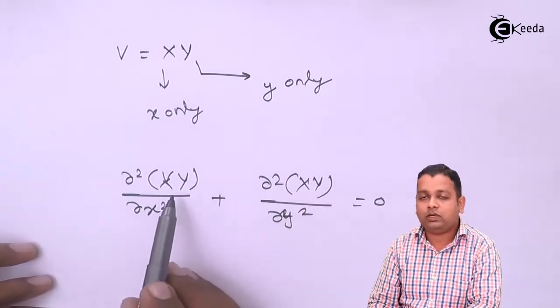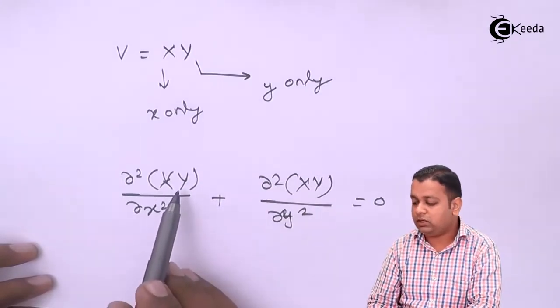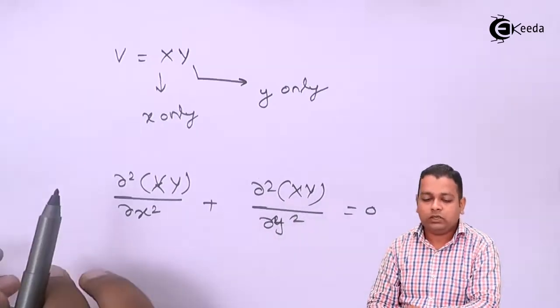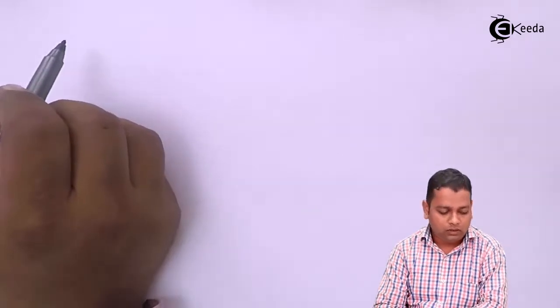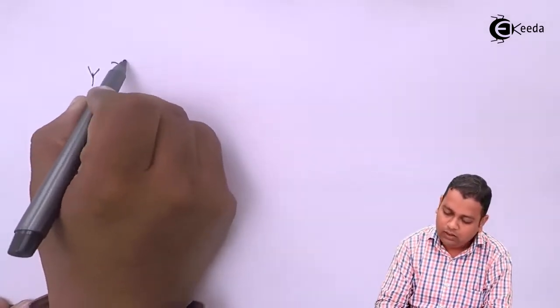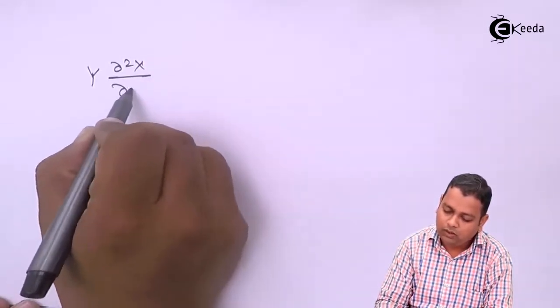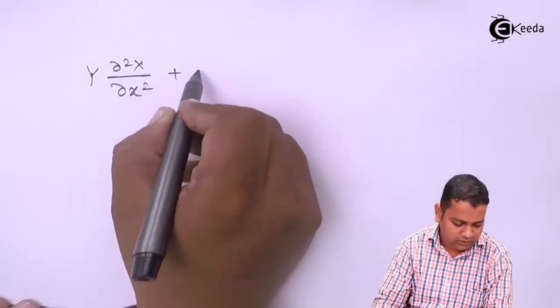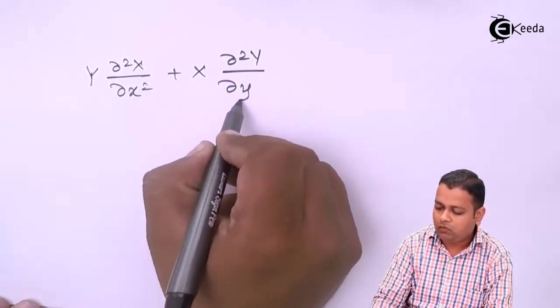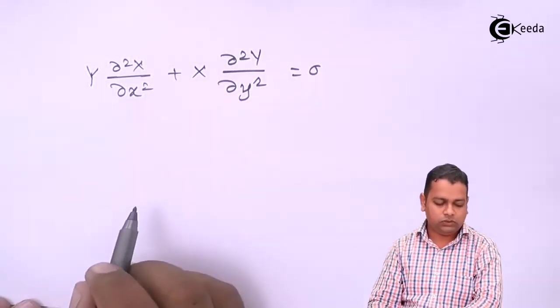Y does not involve any x, that is why Y is a constant here. In the second term, similarly, capital X is a constant. So the constant can be taken outside of the differentiation. Hence we write the next step: capital Y del square capital X upon del x square plus capital X del square capital Y upon del y square will be equal to 0.